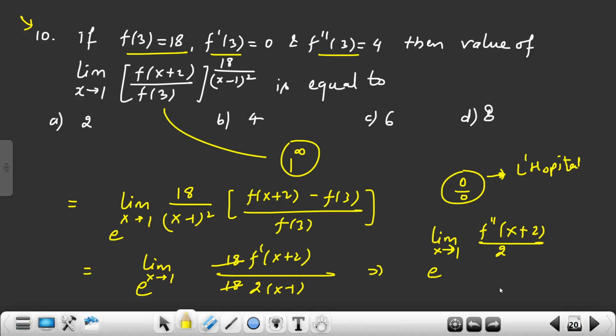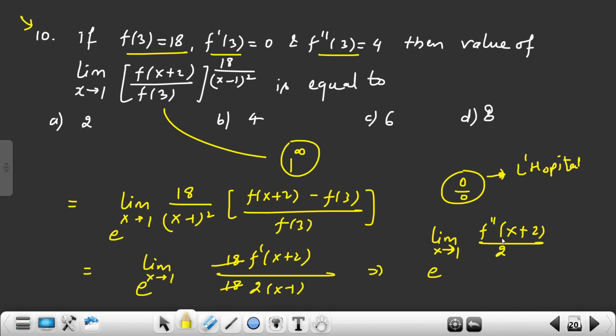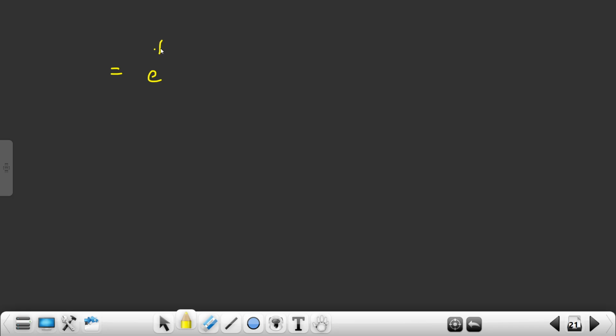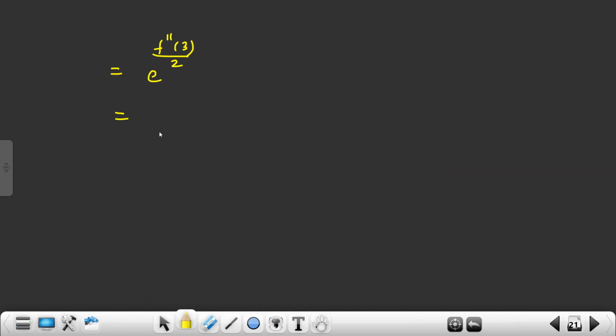Now let's put the value here. If you put the value 1, you will get e power f double dash 3 by 2. What is the f double dash 3 value? 4, right? 4 by 2. So e power 2.